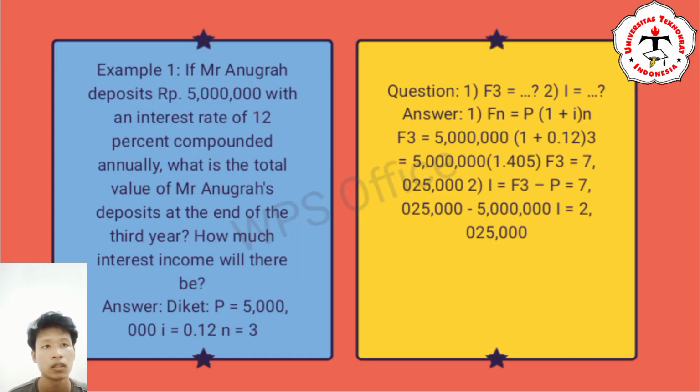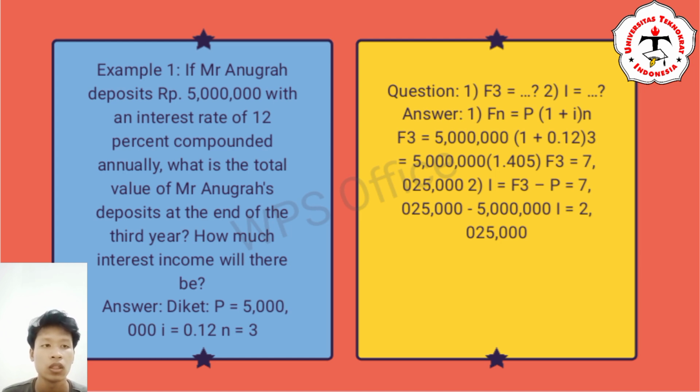Example: if Mr. Anugrah deposits 5 million with an interest rate of 12% compounded annually, what is the total value of Mr. Anugrah's deposit at the end of the third year?